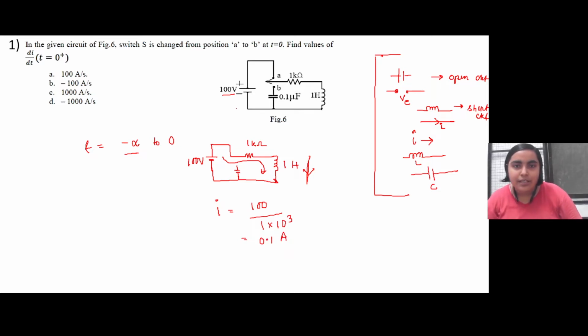Now as soon as at time t equal to 0 the switch has been switched from A to position B, the circuit looks like this. This is A, this is B, and this is the capacitor.